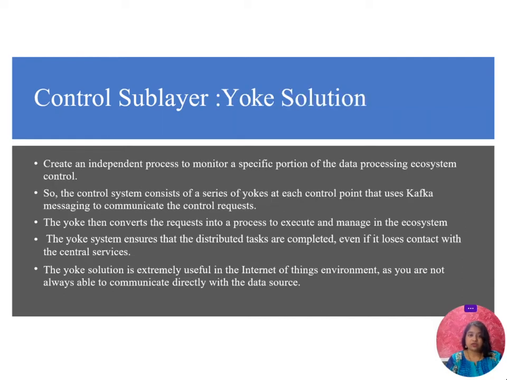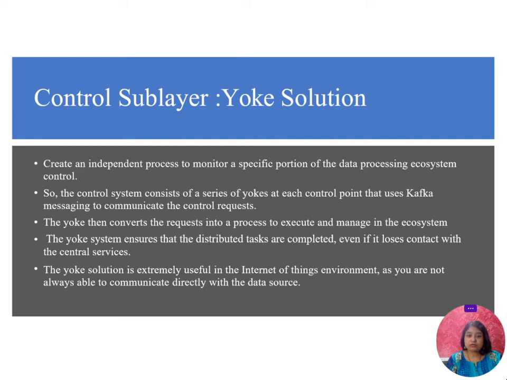Now there is a yoke solution to this. Create an independent process to monitor a specific portion of the data processing ecosystem, and it consists of a series of yokes at each control point that uses Kafka messaging to communicate the control request. So this converts the request into a process to execute and manage in the ecosystem.